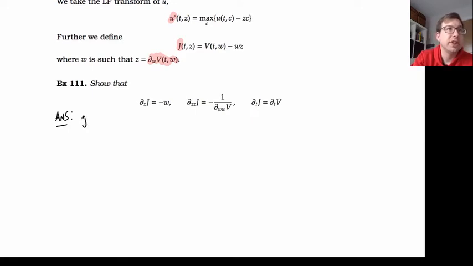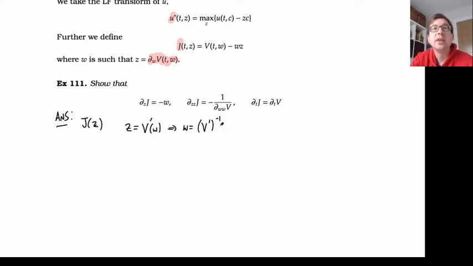So I'm just going to say that we've got j of z, and from this expression, if I let v be my function, I'm basically differentiating v, so I've got z equals v dash of w, which implies that w is equal to v dash to the minus 1 of z.